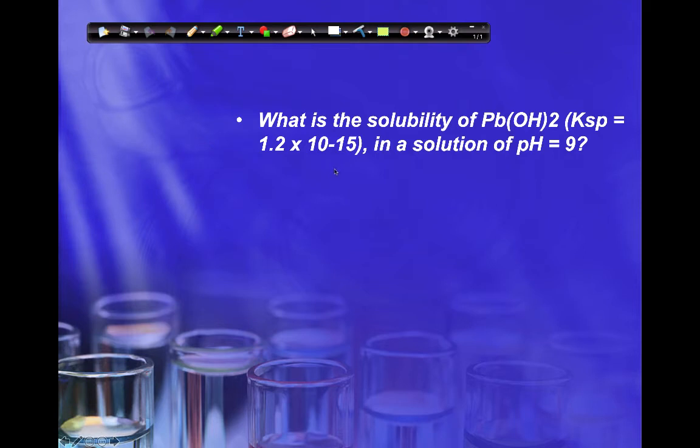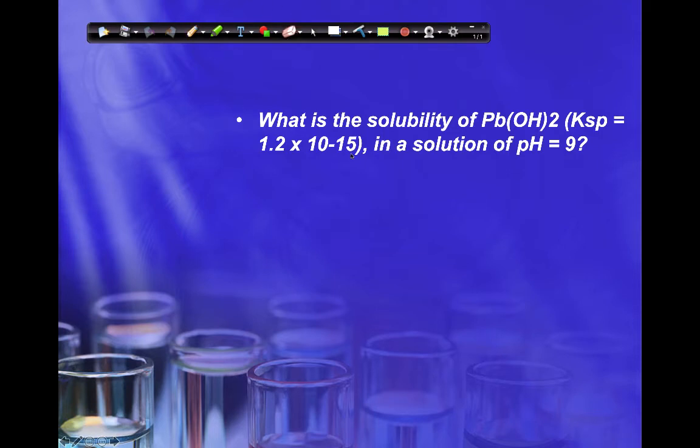Okay, so what is the solubility of lead hydroxide in a solution with a pH of 9? If I have a pH of 9, that means it's a basic solution. Bases have hydroxide in them. So the first thing I need to do is calculate how much hydroxide is present. This would be very similar to the common ion effect.